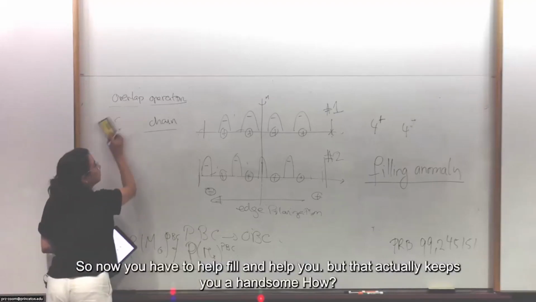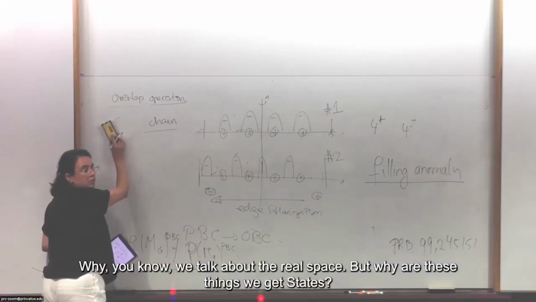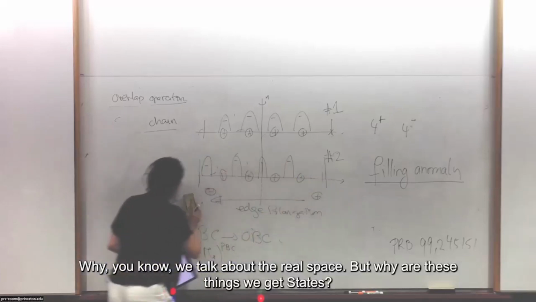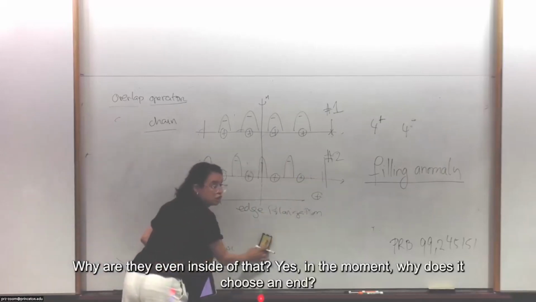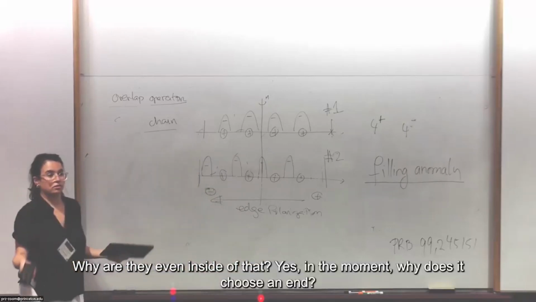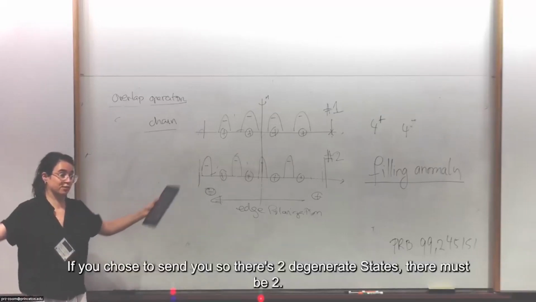Yes? In the filling anomaly, why does it choose an edge? If you chose the center state, you still preserve the symmetry. So right, there are 2 degenerate states. There must be 2 degenerate states, one on each side. Why you would choose one or the other is just local breaking of the symmetry. At the end of the day, the electron will choose. The electron will not be fractionalized.